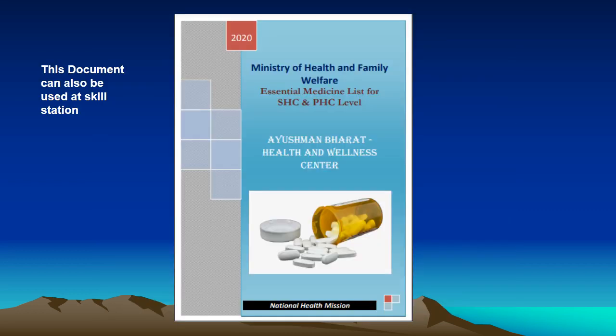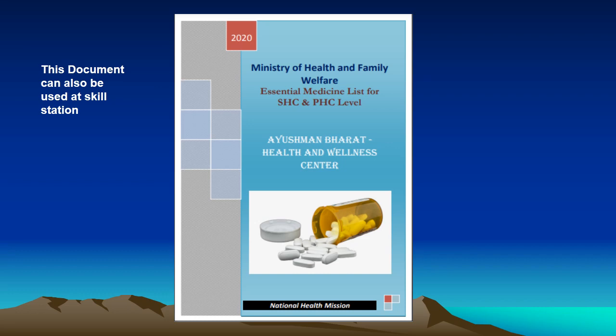Even the government has prepared a document under Ayushman Bharat Health Care where a list is there for secondary and primary health center level, and I would prefer that every student should go through this list and it should be kept at the skill station.